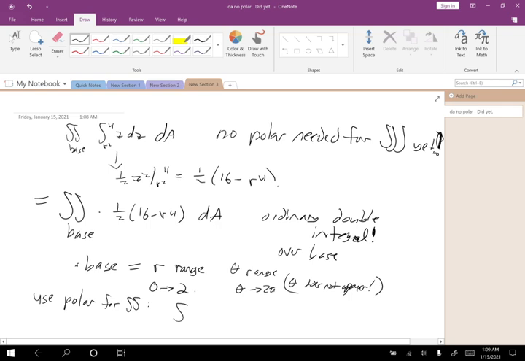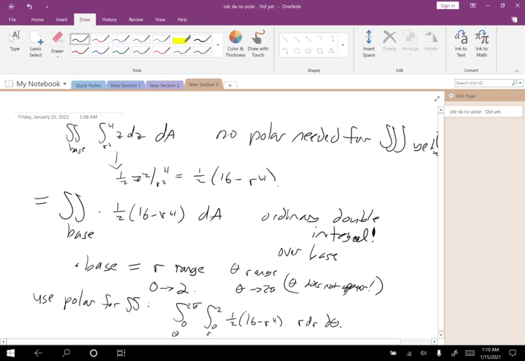Okay, so our double integral now is, we have the theta part that goes from 0 to 2 pi, then the r part that goes from 0 to 2, and then we have 1/2 times 16 minus r to the 4th, and then we have our dA, which is r dr d theta.